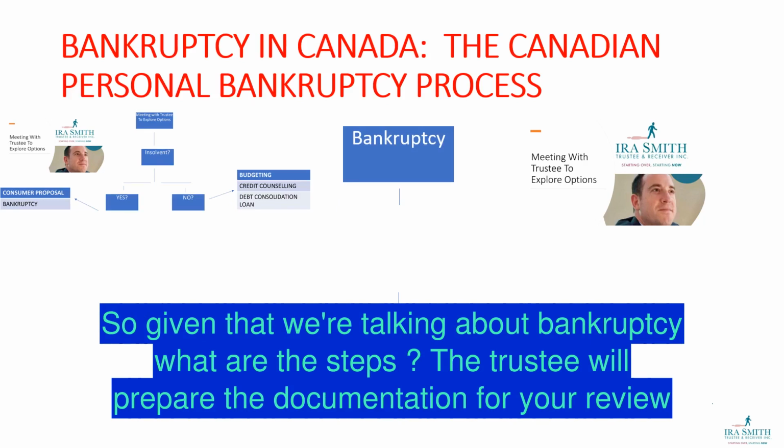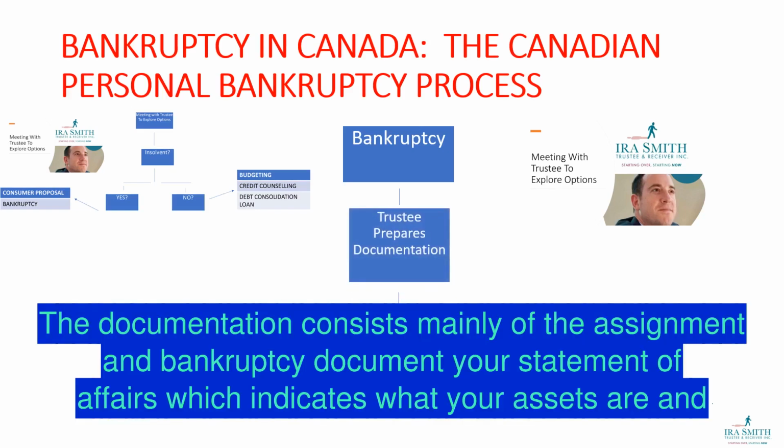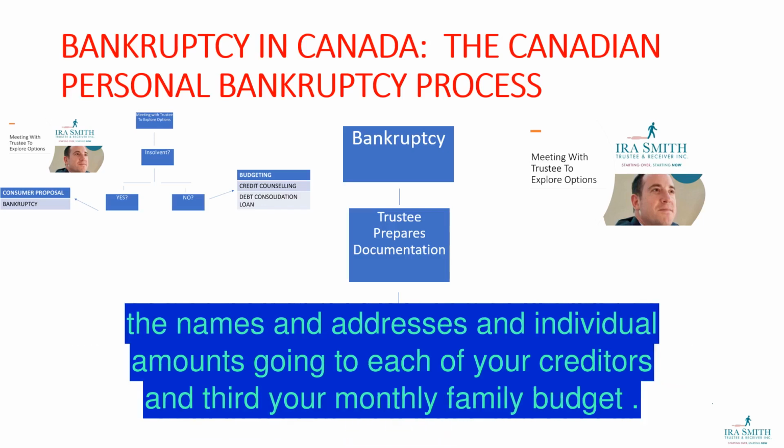The trustee will prepare the documentation for your review. The documentation consists mainly of the assignment and bankruptcy document, your statement of affairs, which indicates what your assets are, and the names and addresses and individual amounts owing to each of your creditors. And third, your monthly family budget.